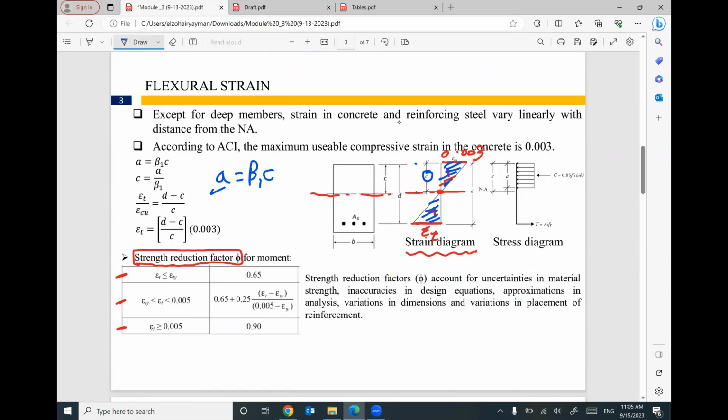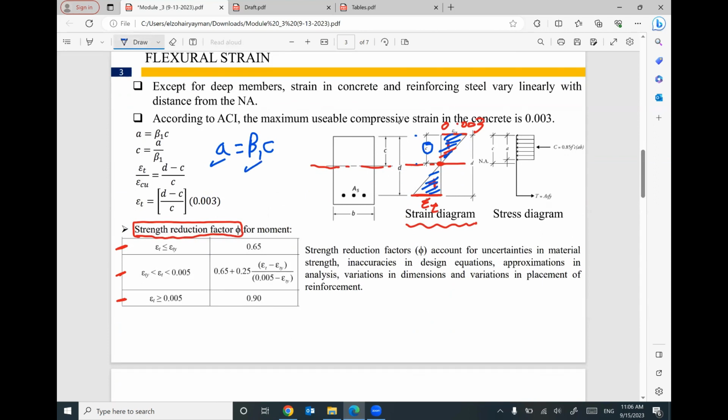I can figure out the value of beta based on the value of f'c. Then I can figure out this distance c. And the remaining distance for the other triangle will be d minus c. Then I can set up the triangle similarity to figure out the value of epsilon t. Or you can use this expression if you want.